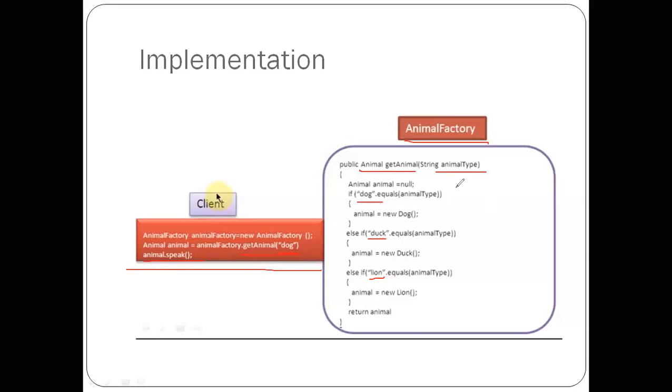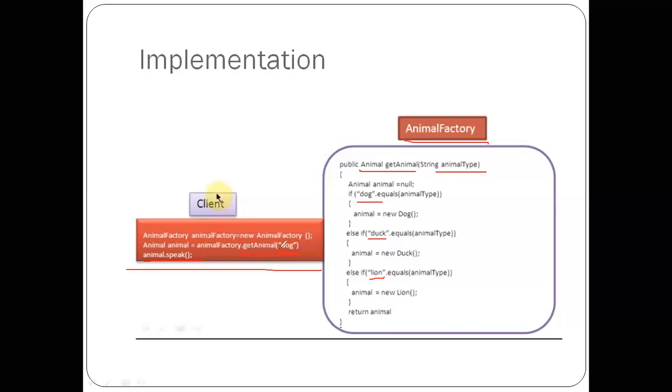Not only these three animals, we may include 100 animals, even 100,000 animals, into this animal factory method.